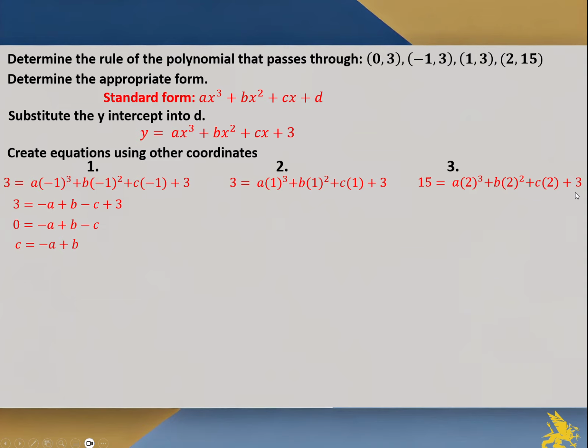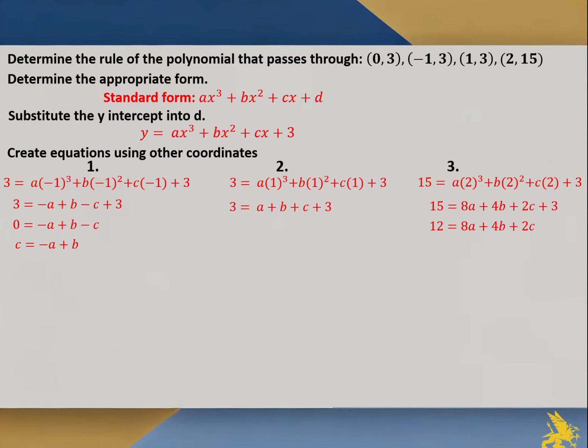I will simplify the next one, so this turns into a, 1 squared is 1, so plus b plus c plus 3 is equal to 3. Same with my third equation, 2 times 2 times 2, which will be 8a plus 4b plus 2c plus 3, and I can simplify that down by taking away 3.